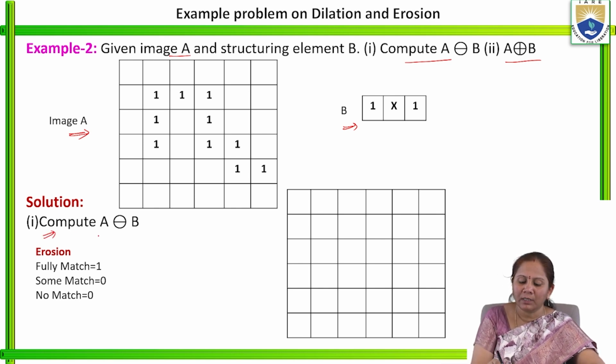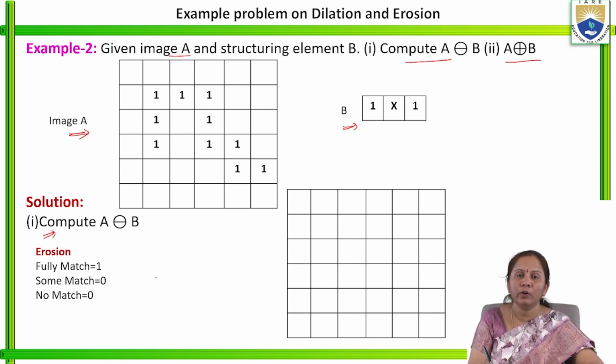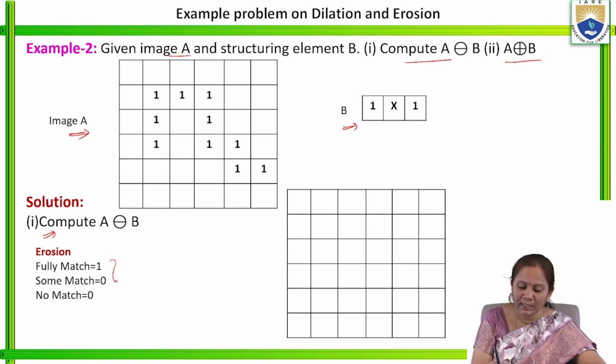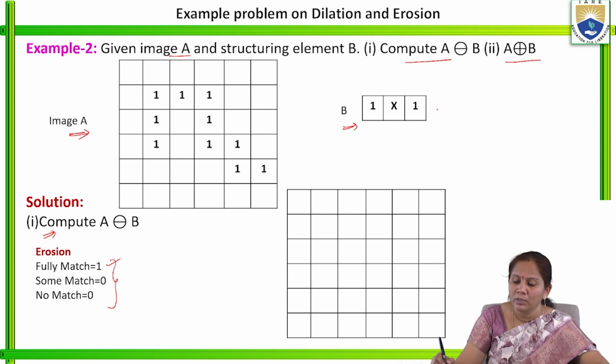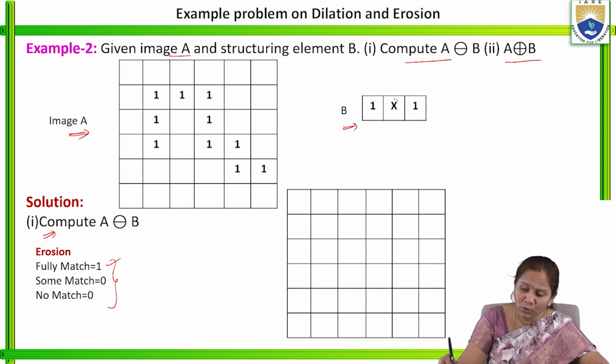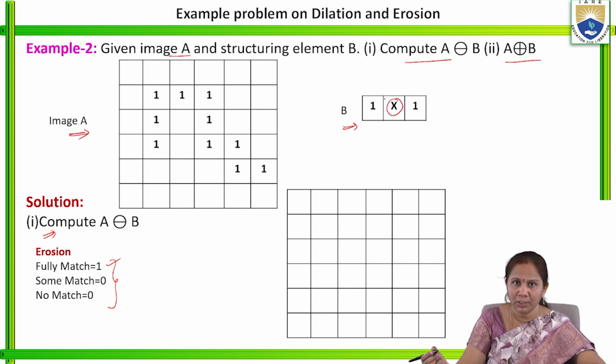Let us first perform A erosion B following these conditions. Until there is a full match, we should not place the output pixel value as 1. If there is some match or no match, the output pixel value will be 0. Now the shape of the structuring element is changed, and this is the origin.